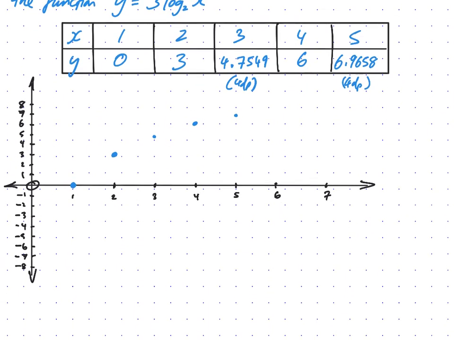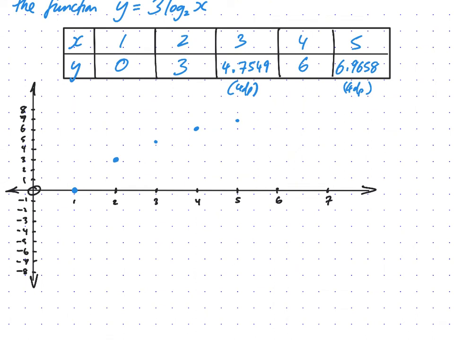Now we also want to plot and make sure that we show that it never touches the y-axis. It's a vertical asymptote there, so I'm just going to put a dot at the bottom there. And now I'm going to connect them with a smooth curve. Hopefully I don't fail at this too badly. There we go.